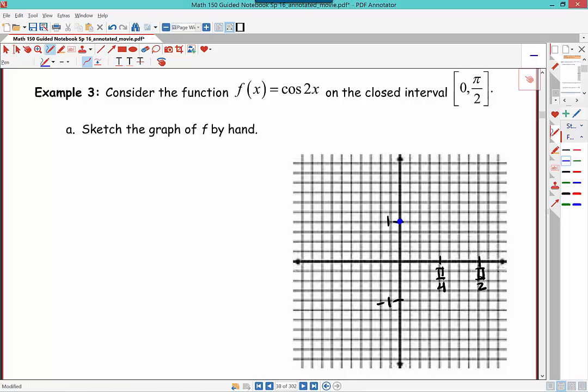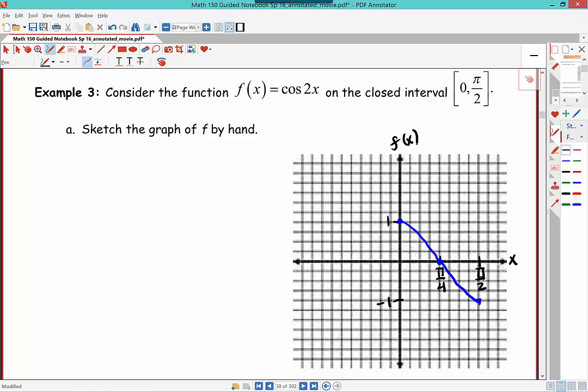And then if I double pi over 4, do you see I'd get pi over 2, and cosine at pi over 2 zeroes out. And then if I double pi over 2, I get pi, and cosine at pi is -1. So we'll get a graph that looks something like this. Of course, this is x and f at x.